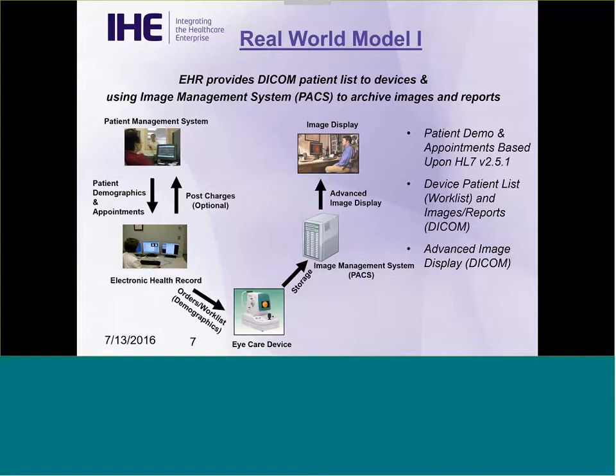And so in this case, it would actually create a DICOM work list down to the eye care device. And of course, we know the advantages of that, and people have seen that for many years about safety and so forth. But at this point, what happens is that on the eye care device, you're able to select a patient, you're able to do your job, whatever that happens to be. Some devices create images, some devices create measurements, whatever it happens to be.